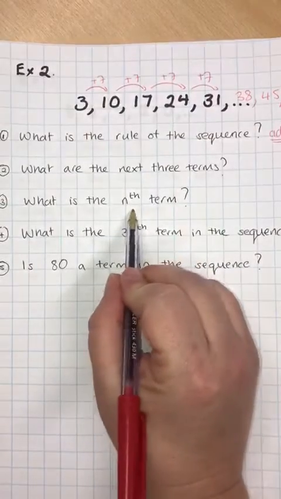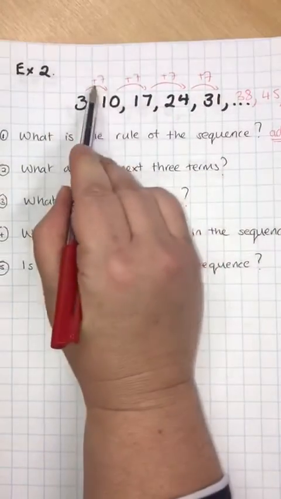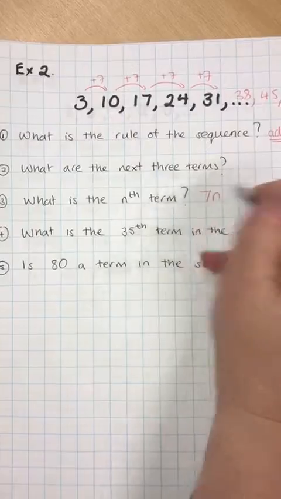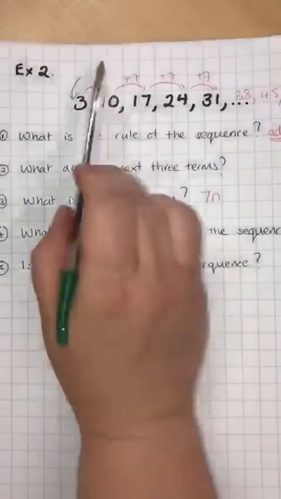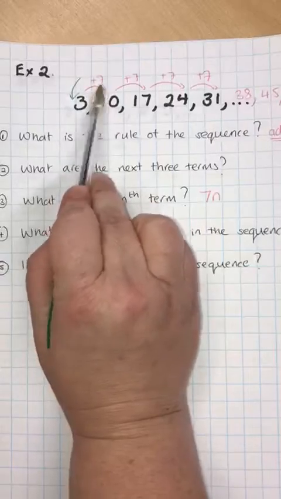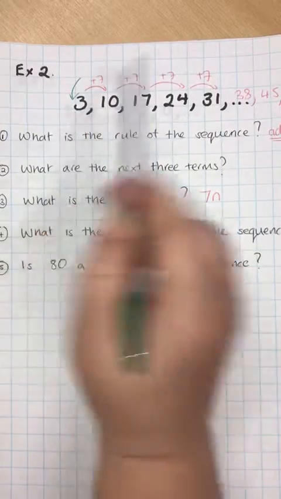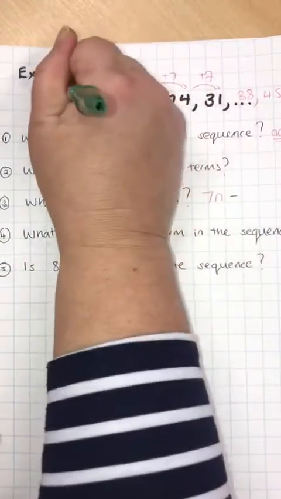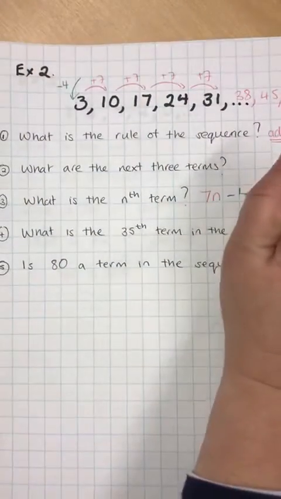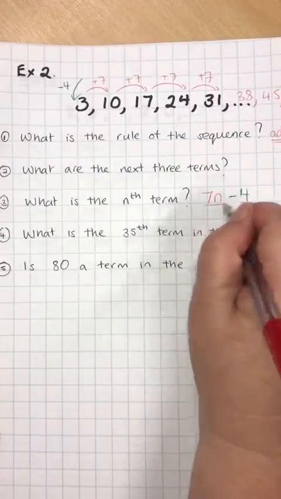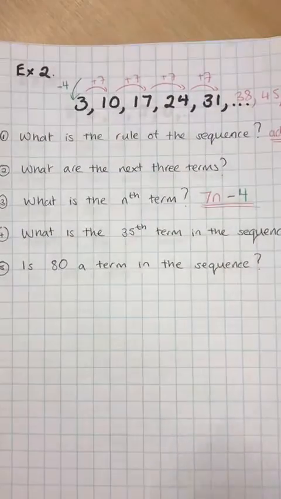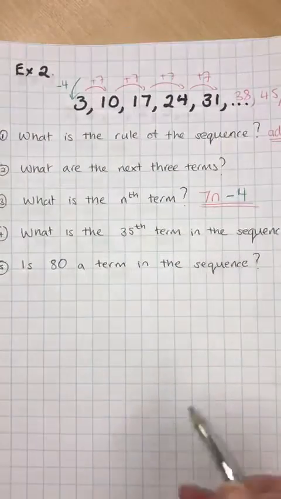Now, what is the nth term? I put my rule in front of an n. How do I get from my rule to my first term? I take away 4. So my nth term, my rule for this sequence, is 7n minus 4.